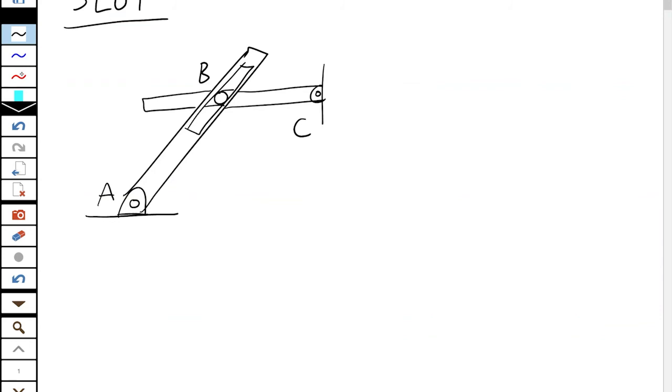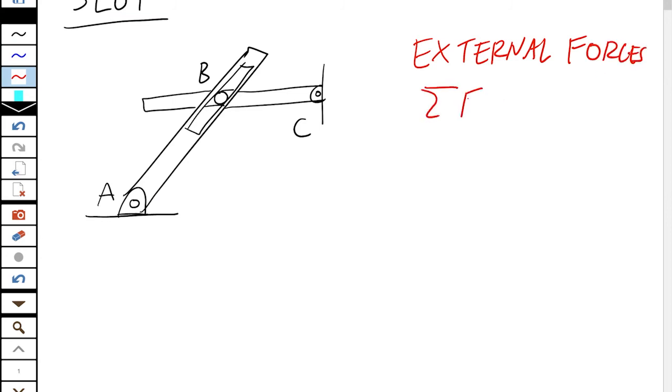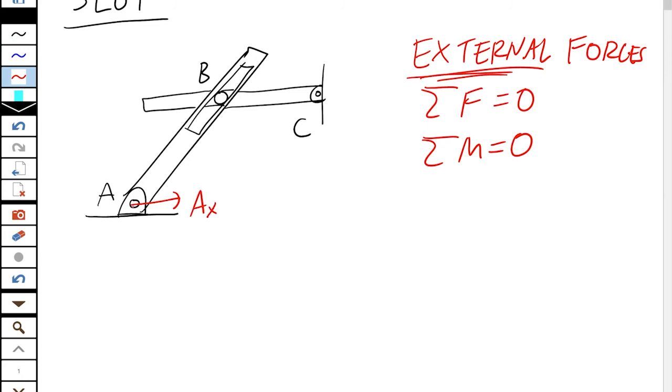In this diagram, first, we would look at the external forces, which sounds like I'm saying something special, but remember, all of our equations, this is always the sum of the external forces and moments acting on something. So what's external to ABC here? Well, A is a pin, so we know we have a horizontal reaction at A, a vertical reaction at A, and C is a pin.